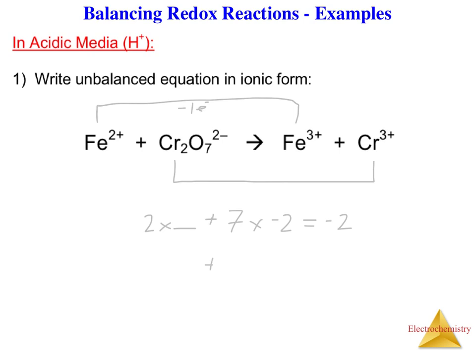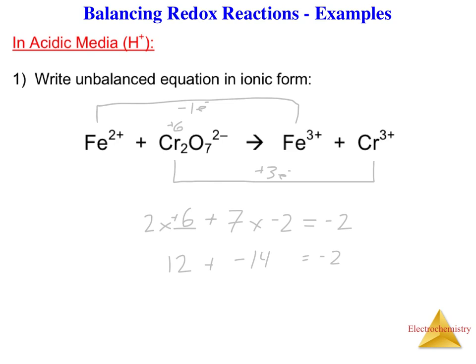So my oxygens are equal to -14, and then my chromium has to be 12, 2 times a +6. So my chromium goes from +6 to +3. Each chromium gains 3 electrons, right? So 3 electrons for each chromium.